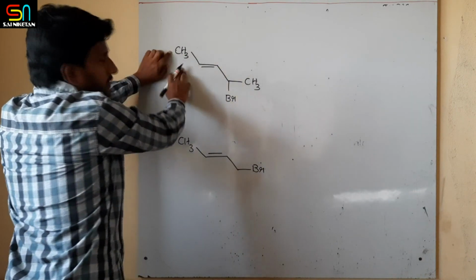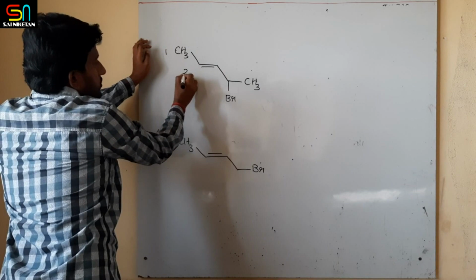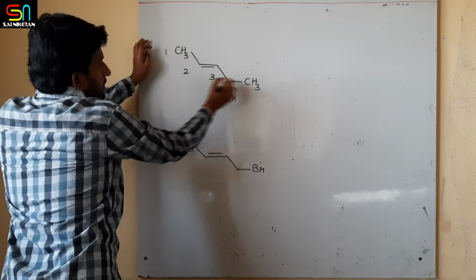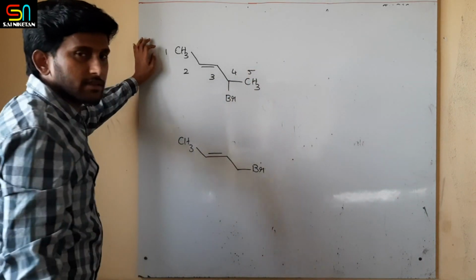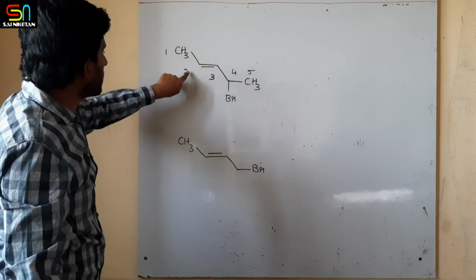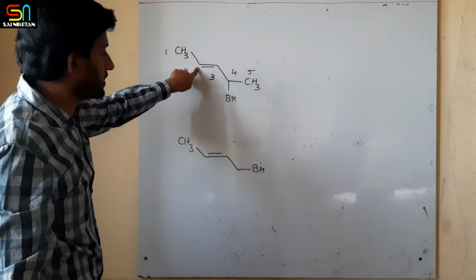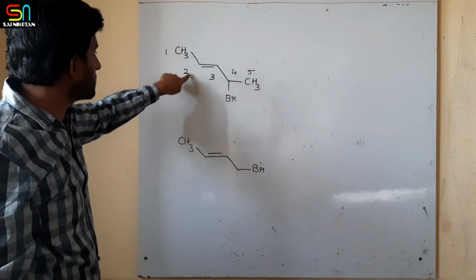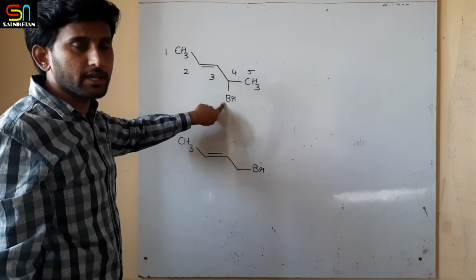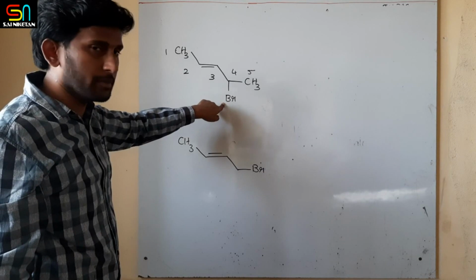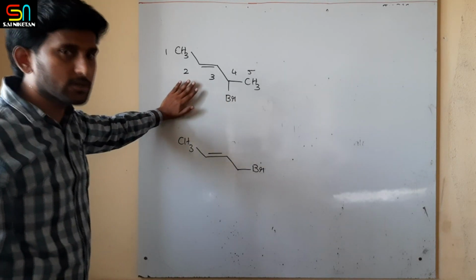But if I number from this carbon, this will be 1, 2, 3, 4 and 5. If I number like this, the double bond falls under the second position. So the least number should be given to the double bond, because ene has higher priority according to IUPAC compared to the bromo group. So what should be the IUPAC name of this compound?